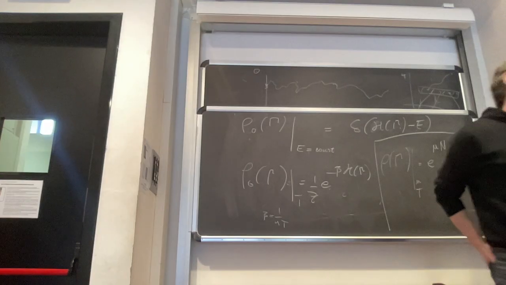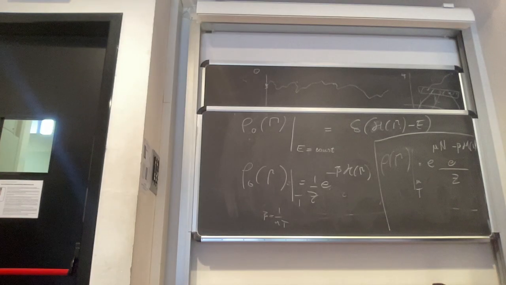Now, I'm just copying definitions at the moment. I don't expect you to remember the derivation. I cannot redo the whole statistical mechanics course here. I just want to flash them and emphasize one thing.